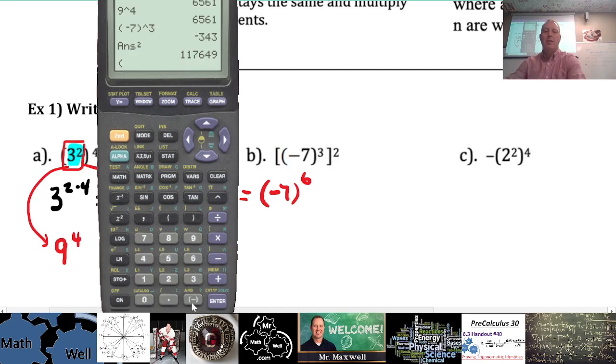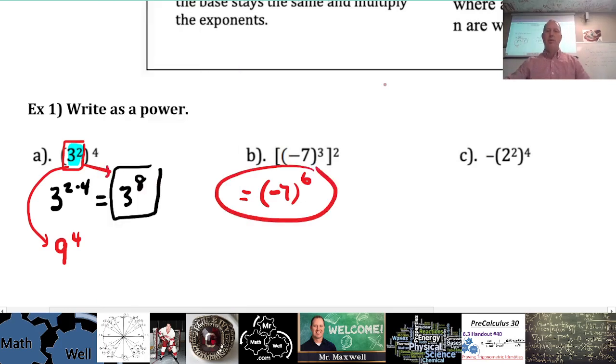Let's check out what -7 to the power of 6 is. What do you think it's going to be? 117,649. Oh, good one. The human calculator. Are you believing me now? Are we okay with all this? A power raised to a power, multiply exponents, keep the same base.